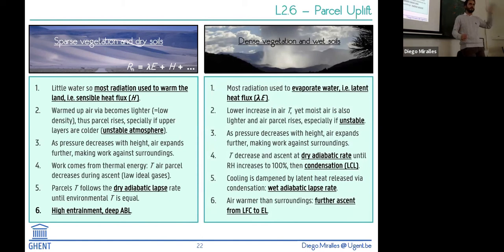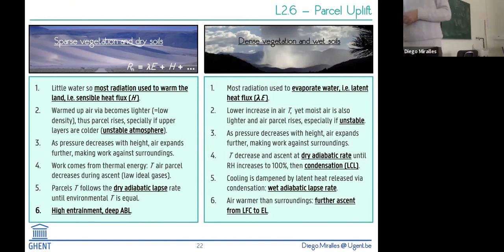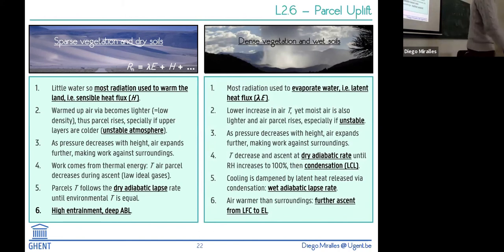In that case, of course, you have the latent heat flux being much larger than the sensible heat flux. Usually about 60 to 70% of the net radiation is used for the latent heat flux if you have sufficient moisture to evaporate, especially if you have plants that get water from deeper in the ground where moisture is more accessible.